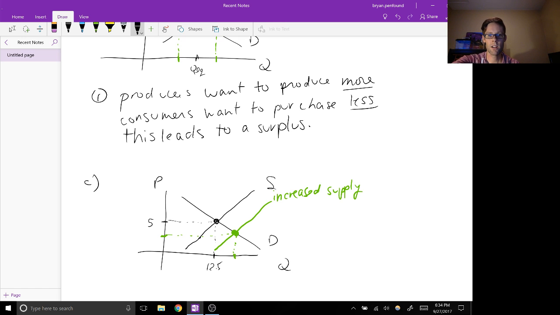Okay, so as our supply increases, the quantity of computers in the market is going to increase as well, and this is going to lead to a lower price for computers. I'll say that one more time. As our supply increases, we're going to see an increase in quantity, so we're moving from 12.5 up to some brand new quantity, Q new. And our price is dropping as well, from 5 down to some new price point.